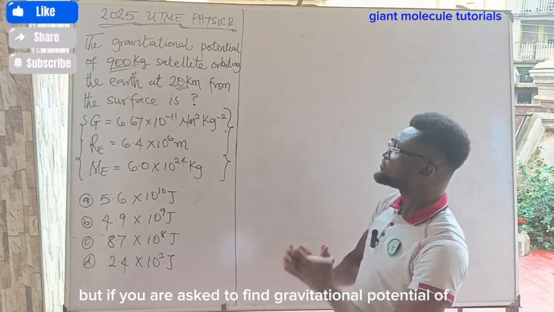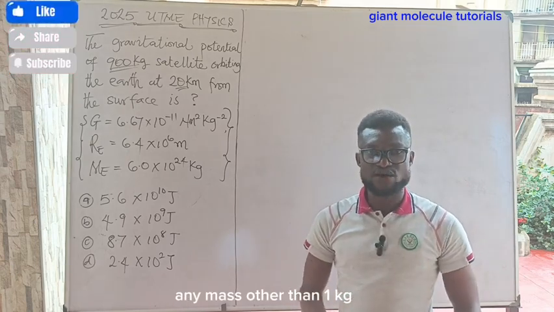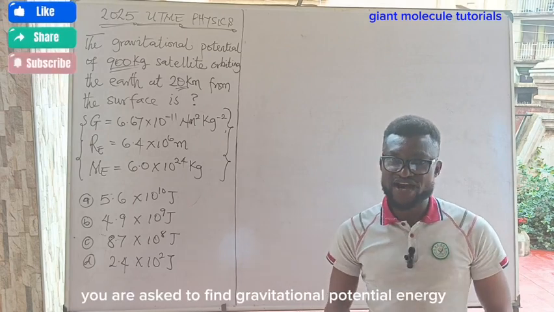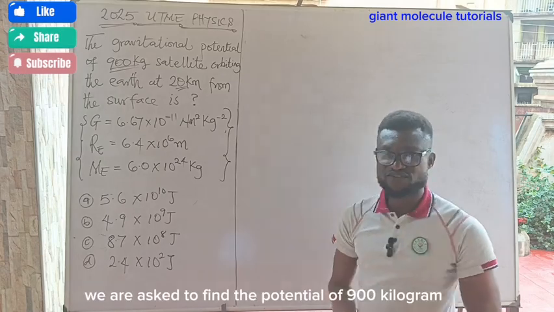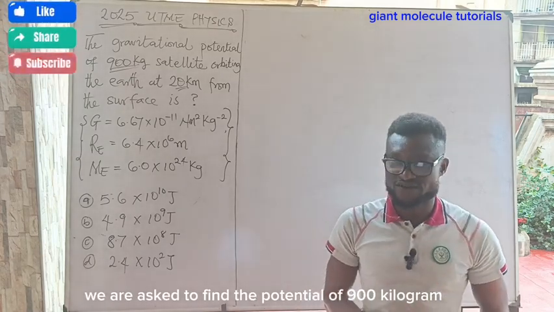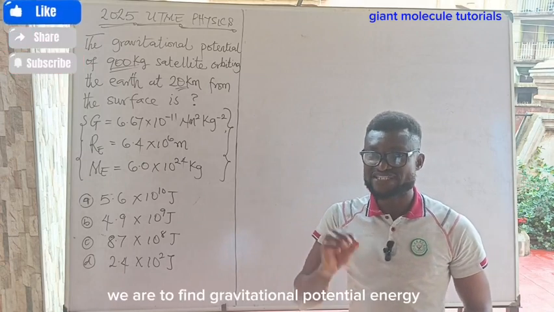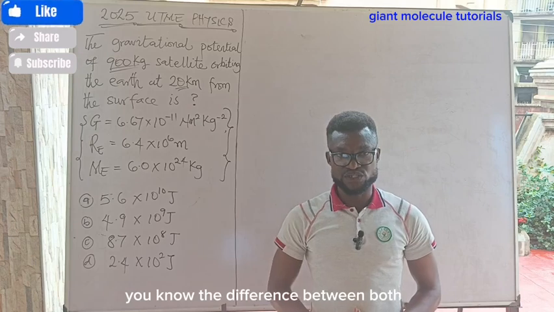But if you are asked to find gravitational potential of any mass other than 1 kilogram, you are asked to find gravitational potential energy. And from this very question, we are asked to find the potential of 900 kilogram, which means we are to find gravitational potential energy. You know the difference between both.